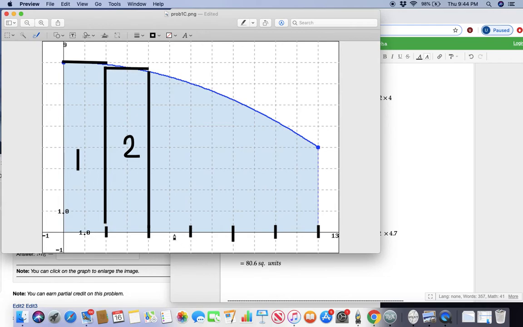For the third one, again use the midpoint of the rectangle base. Okay. And so on. For the fourth one, again the midpoint, you're right here.